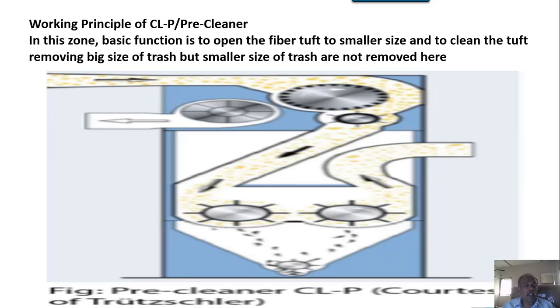Once a certain tuft size has come from the prior department, the bale opener, and then the installation of this machine. Here we can see we are having a Trützschler line, and what we are seeing here is a Maxiflow cleaner.